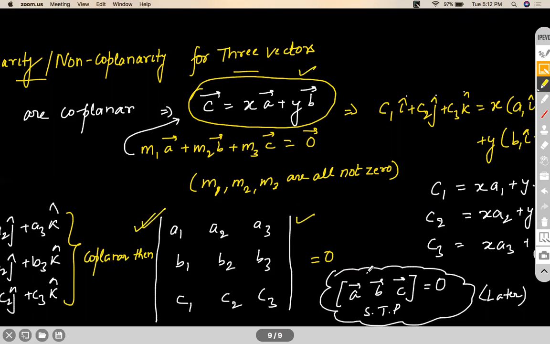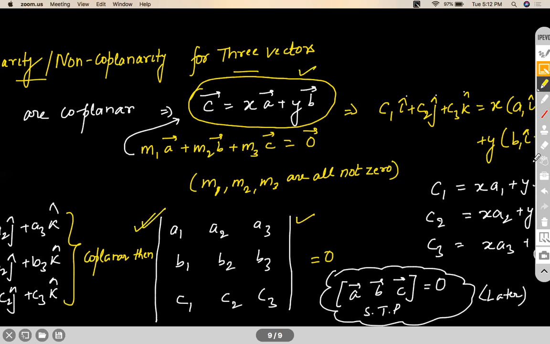Is that fine? So, if this determinant doesn't become 0, or if you are unable to express one vector as xA plus yB uniquely, then you have to admit that those three vectors were non-coplanar.